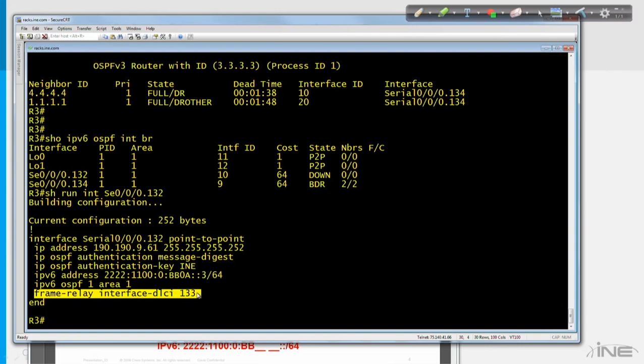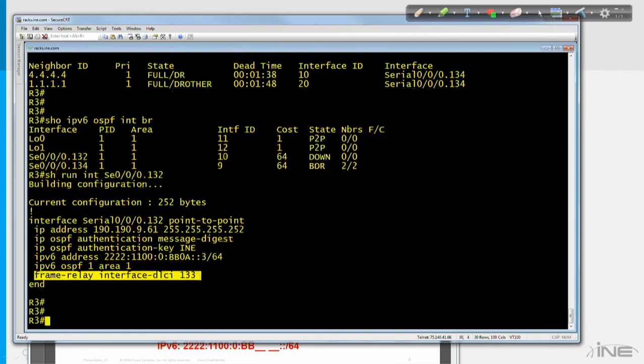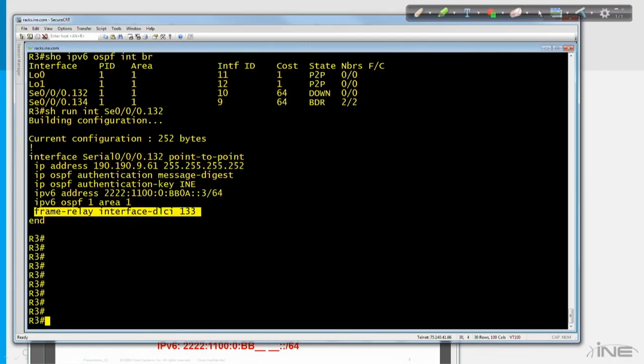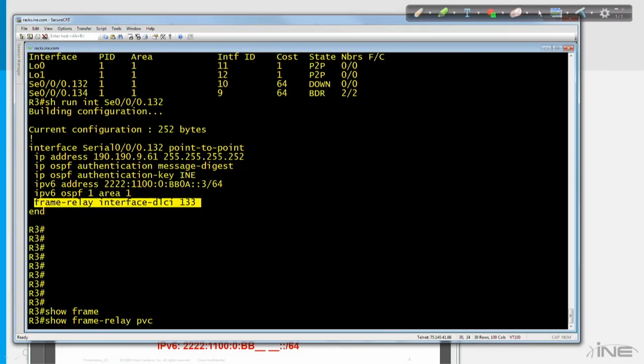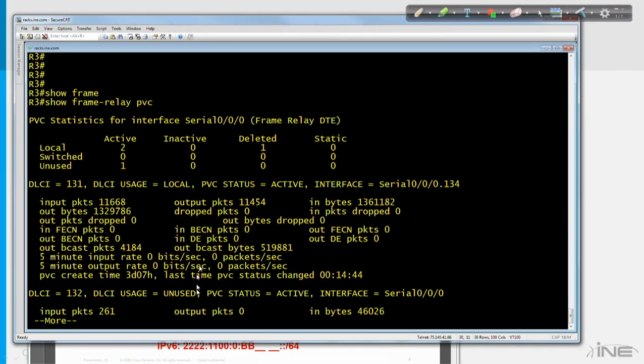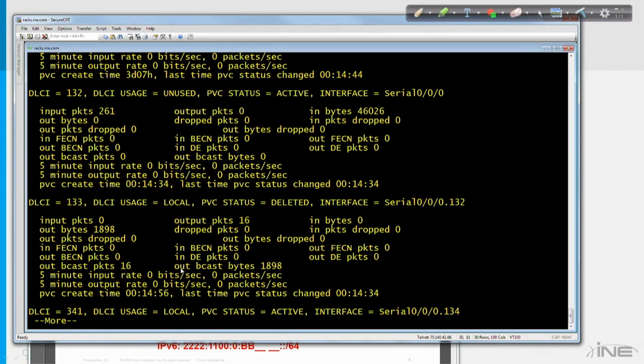Another way, let's say we just hadn't spotted it, and we had done all of our OSPF troubleshooting. So if we had done all the layer 3 and figured out, okay, OSPF is fine, there's nothing wrong at layer 3, and then we started moving down to layer 2 and started troubleshooting frame relay, well then our next logical step would have been to do the show frame-relay PVC command to troubleshoot that. And that's when we should have noticed, wait a second, DLCI 133 deleted?